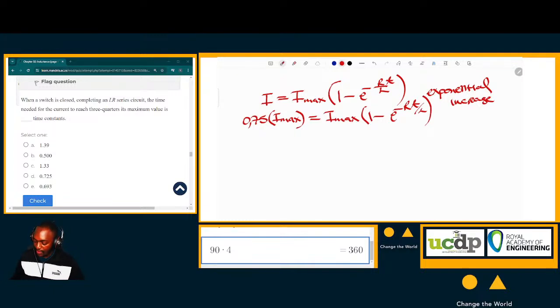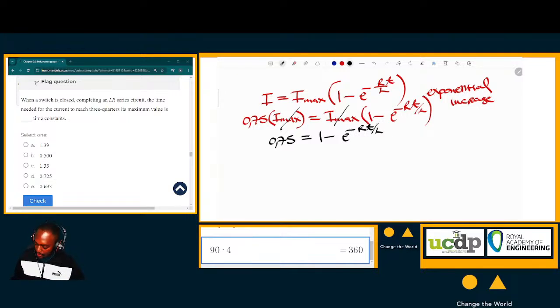Once you've done this, our question is already half solved, because we cancel out I max and remain with 0.75 equals 1 minus exponential negative Rt over L.